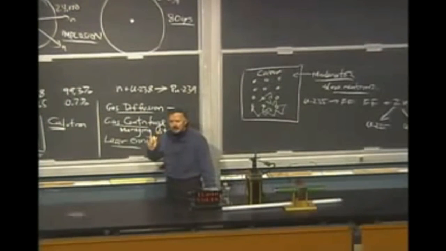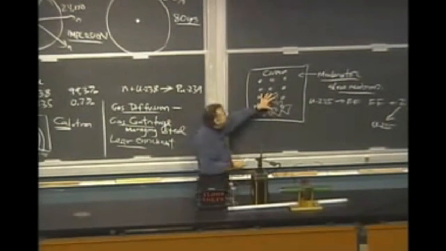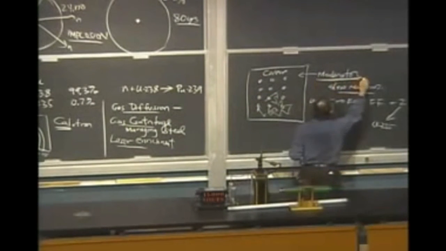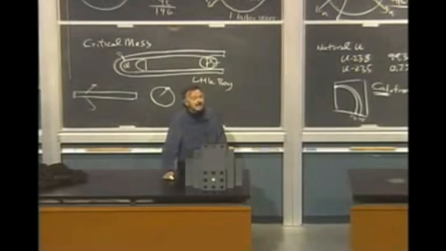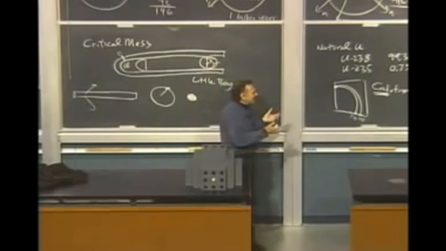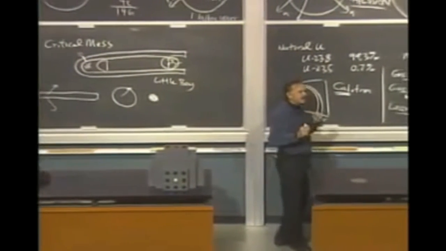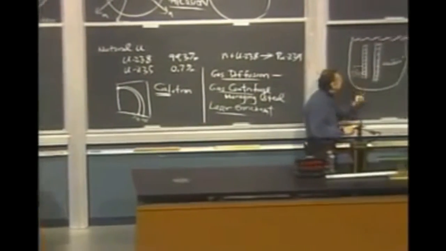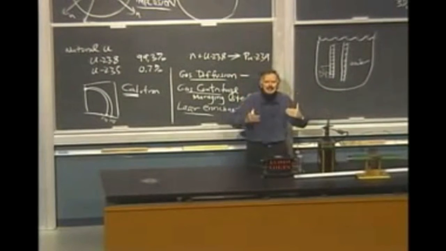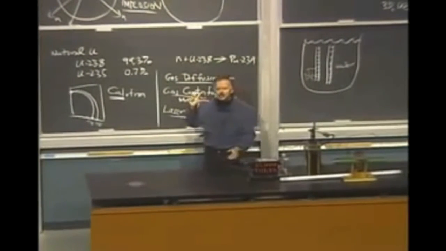So a nuclear reactor has a moderator. That's the real key. The moderator means you can work with unenriched uranium. In the beginning, you set it up so that you produce double, double, double until you get the level you want. And then you put in control rods that absorb neutrons that keep this thing in a steady state. So here's a key thing to remember about the nuclear reactor.